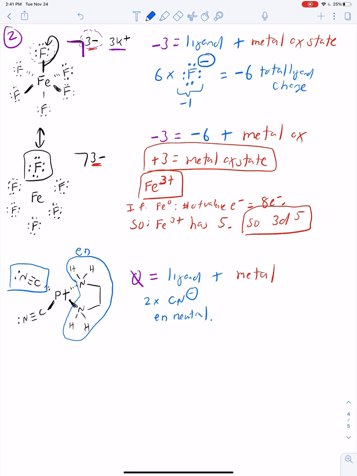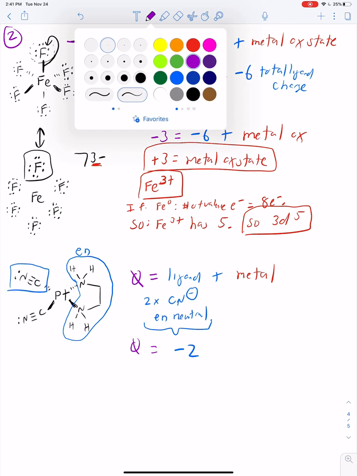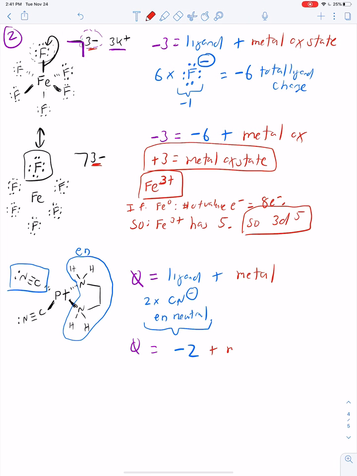So the overall ligand charge is equal to -2. I can then move this to this equation and say, plus 2 is equal to my metal oxidation state. And so that means that I have a platinum 2+ compound.